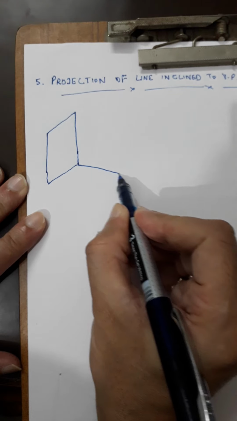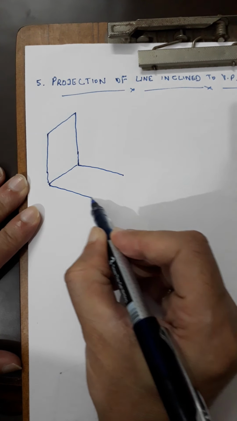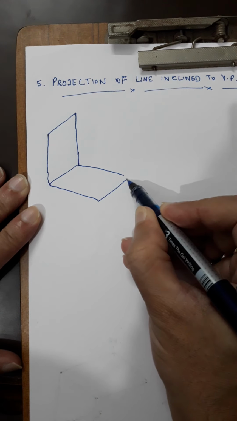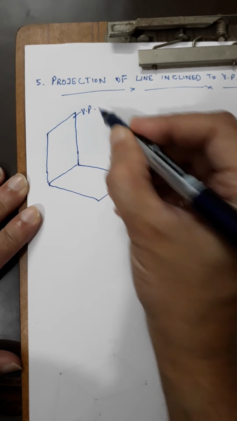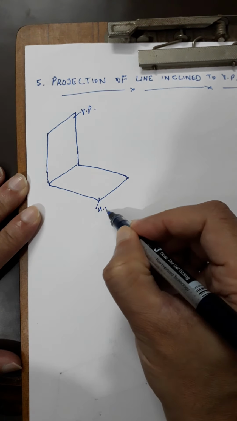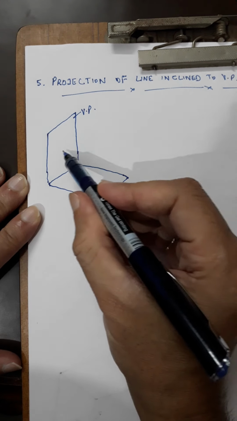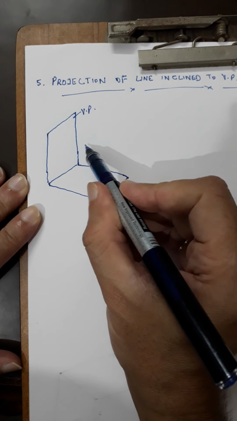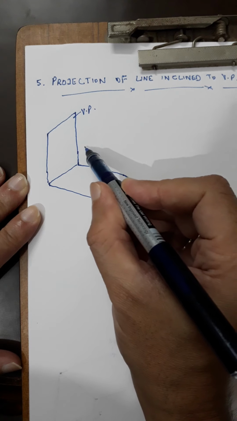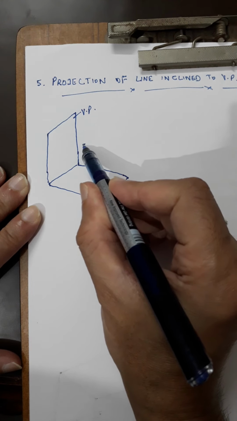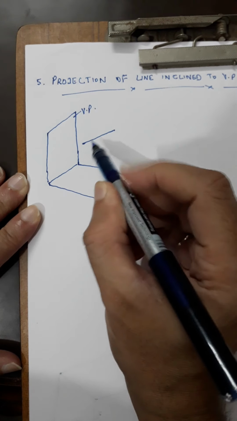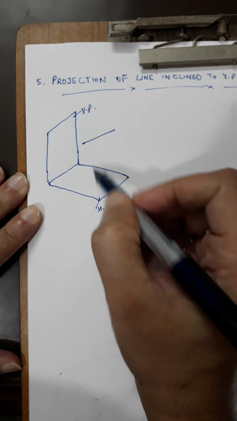This is the horizontal plane. Now the line is inclined to the vertical plane and parallel to HP, so it is inclined to this vertical plane like this.